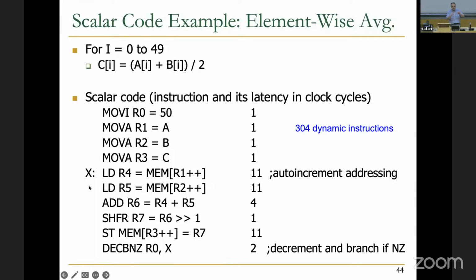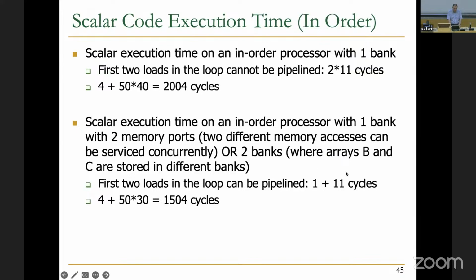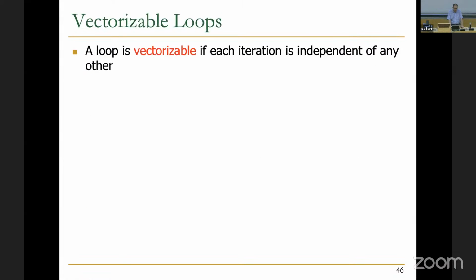But after that, the second one will start 1 cycle after the first one. So overall, these 2 loads will be done by 12 cycles. And that's why we now have 12 cycles for the load, and our execution time is now around 1,500 cycles.